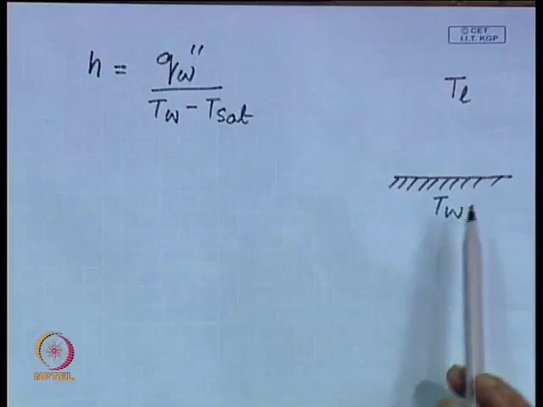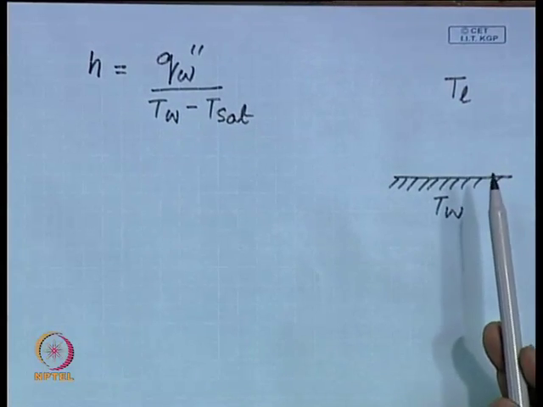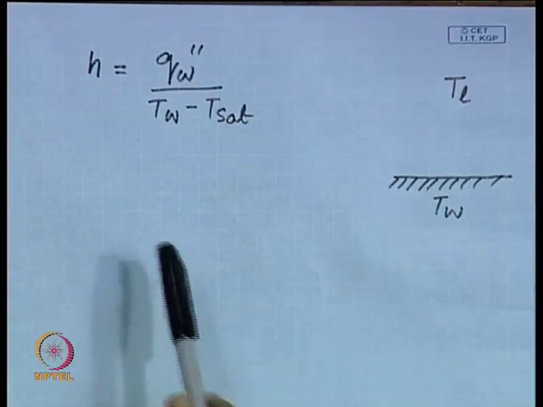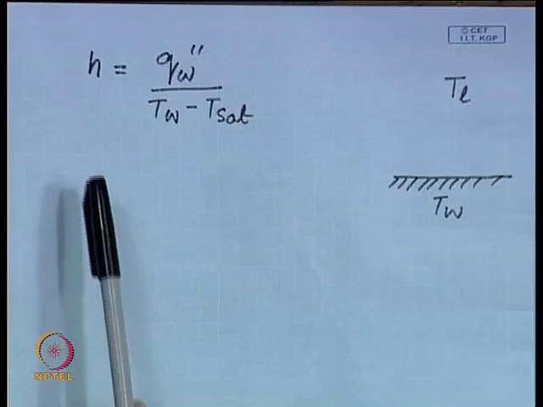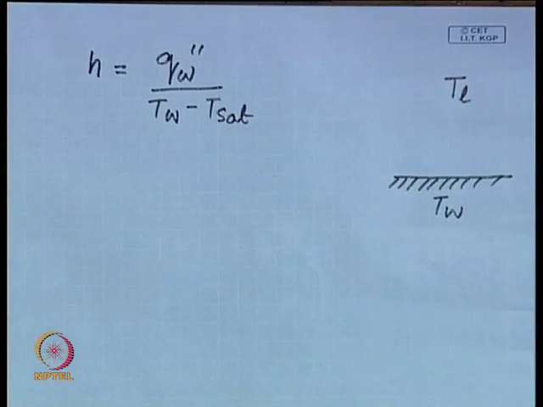Even then, it has been seen that it does not depend much on the degree of subcooling. Rather, if we get a correlation between h and T_w minus T_sat for the case of moderate subcooling, it gives a very good correlation.